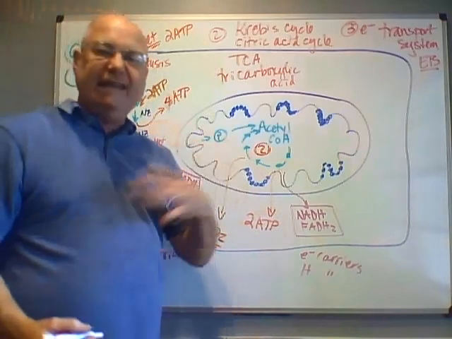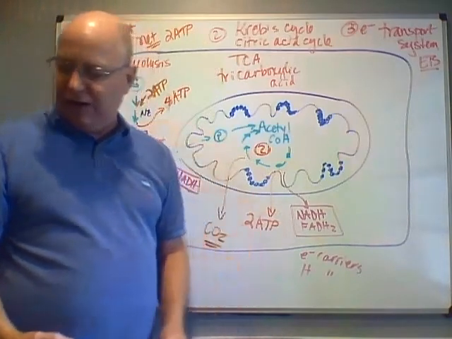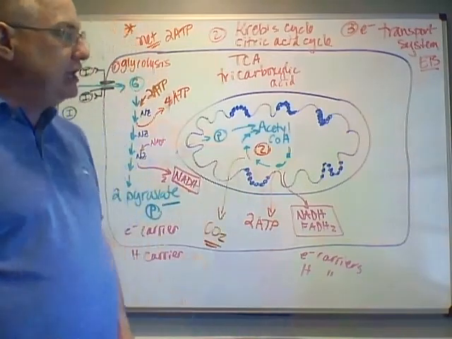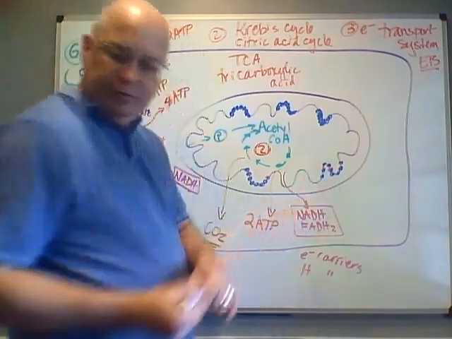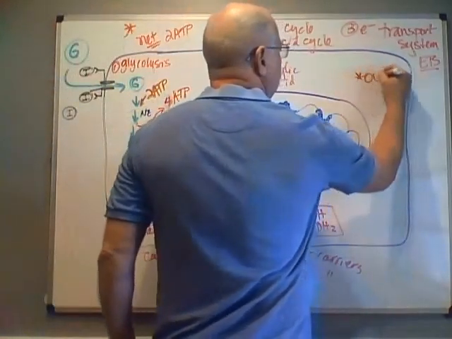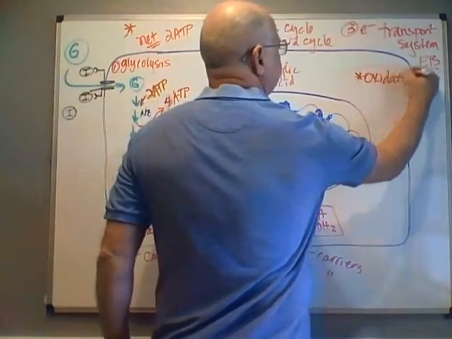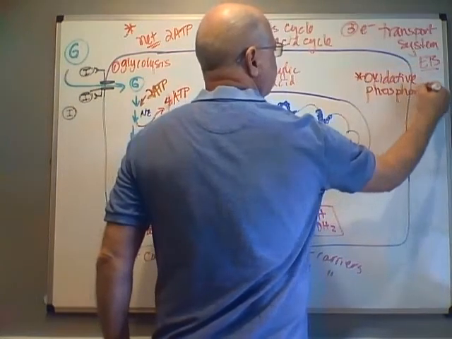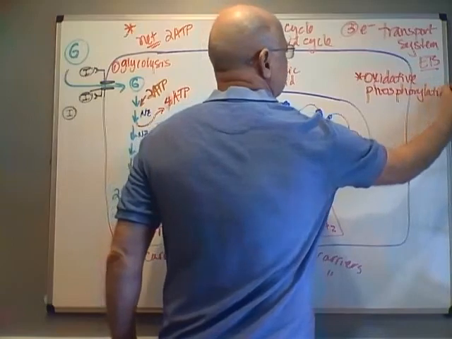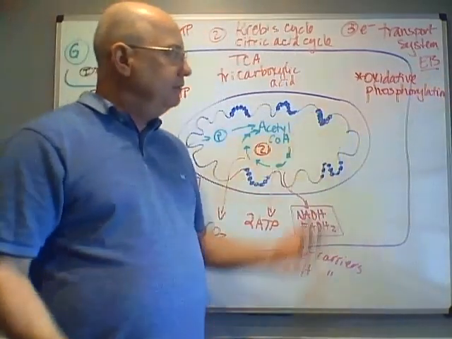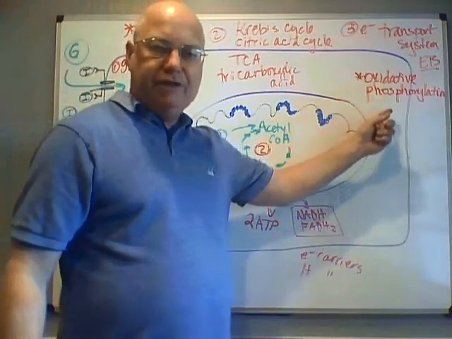So some books call it the ETC, the electron transport chain. The electron transport system is also referred to, and this is an important term, as oxidative phosphorylation.